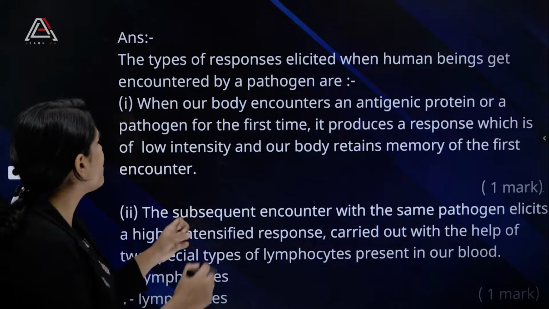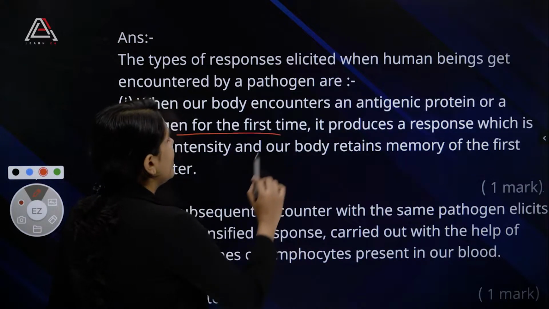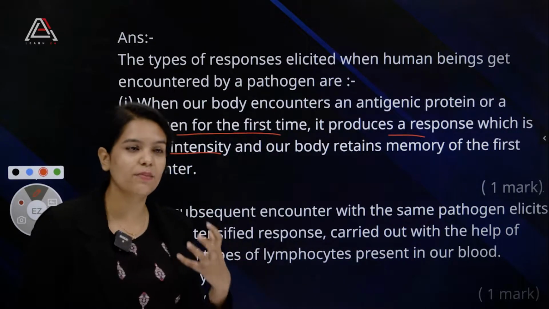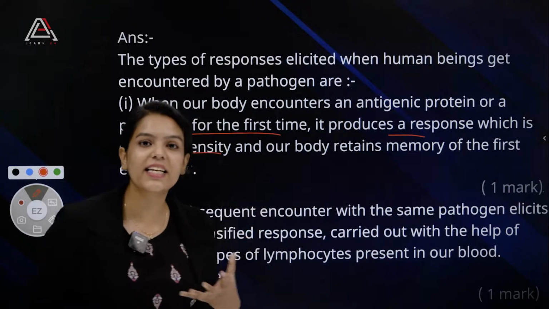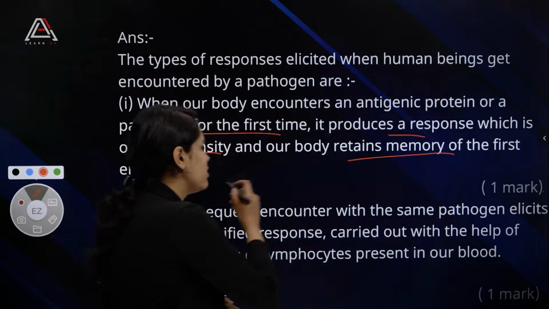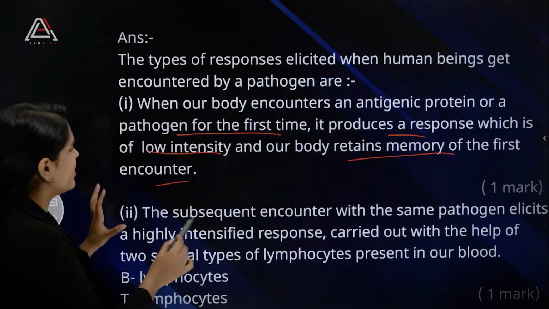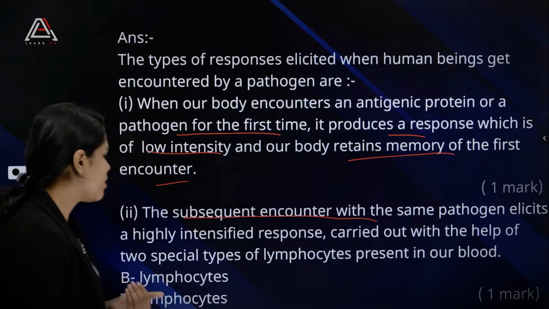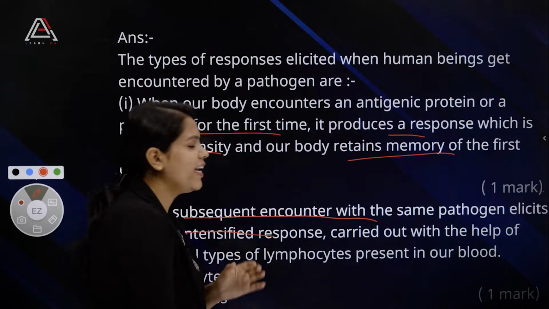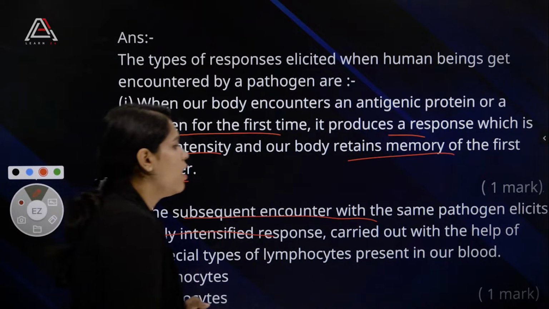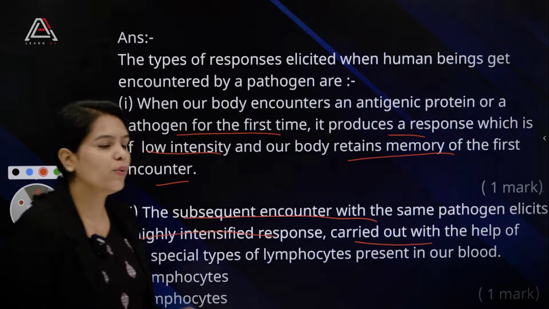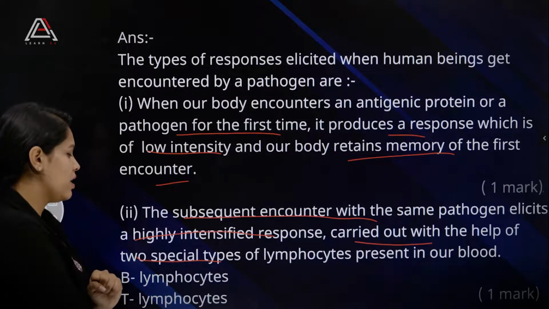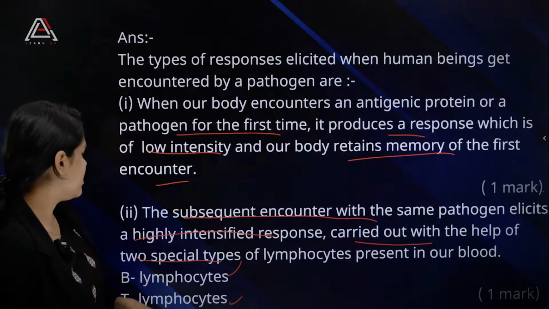Alright, so they are talking about how the first encounter produces a response of low intensity because our body is retaining the memory of the first encounter. Perfect answer. Then they talk about how the subsequent encounter gives a highly intensified response, carried out with the help of two special types of lymphocytes, B lymphocyte and T lymphocyte.